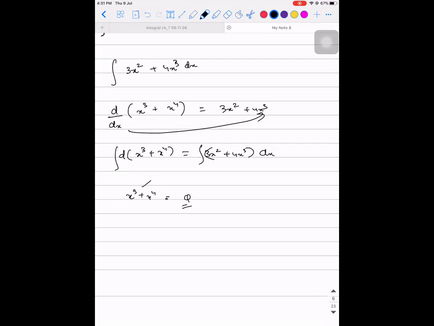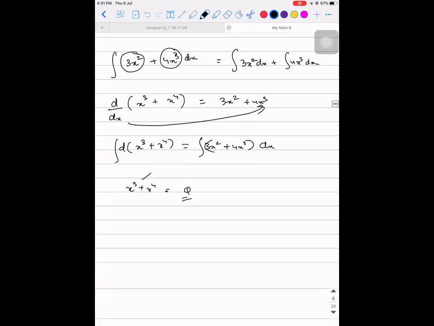Since now you know the formula also, can you verify whether this is right or wrong? We'll do the direct integration. This is f of x, this is g of x. So the integral of 3x square dx plus the integral of 4x cube dx. Can I write it like this? Right. 3 will come out, integral of x square dx, plus 4 will come out, integral of x cube dx.